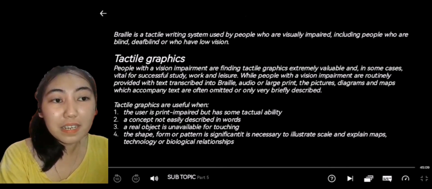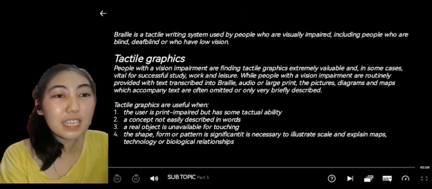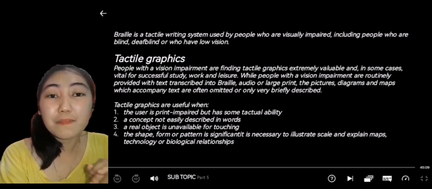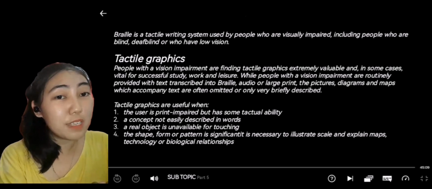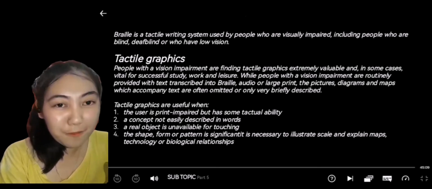Tactile graphics are not, however, exact replicas of the original, nor are they good for fine detail and representing very large graphics. As I've said, it is not perfect, but it is really helpful.